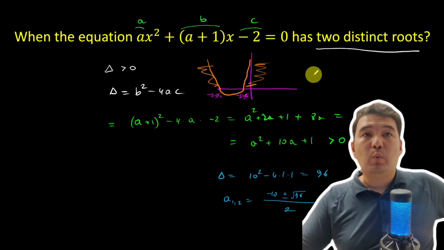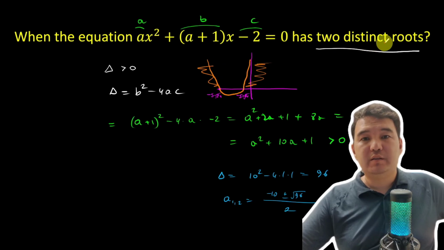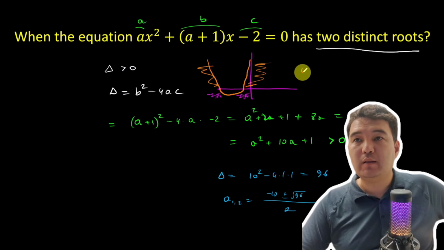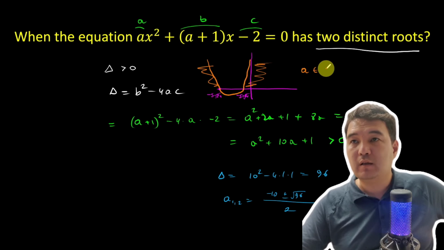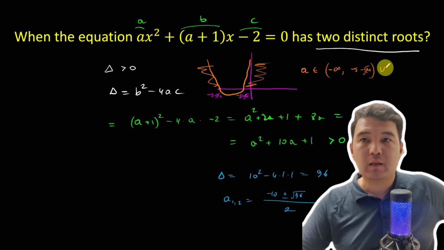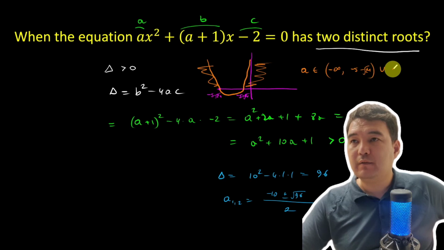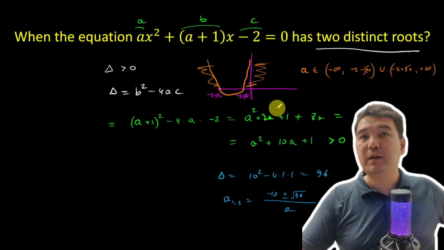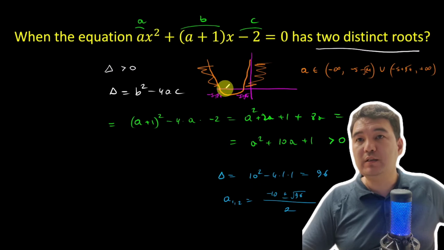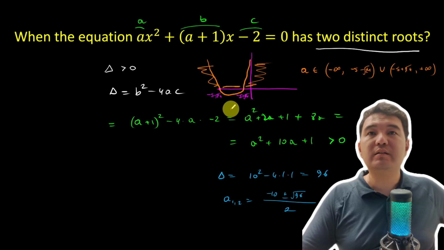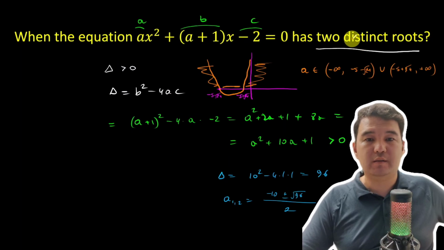So when the equation has two distinct roots, the answer is when a is an element of the interval from negative infinity to negative 5 minus root of 24, or from negative 5 plus root of 24 to positive infinity. If a falls outside these intervals, then this equation will not have two distinct roots.